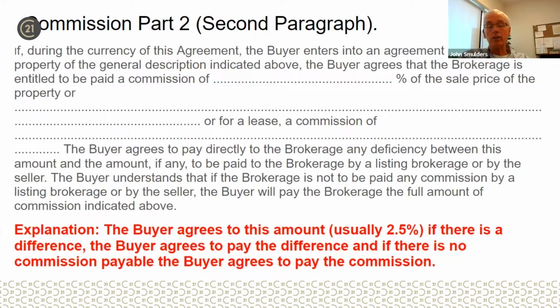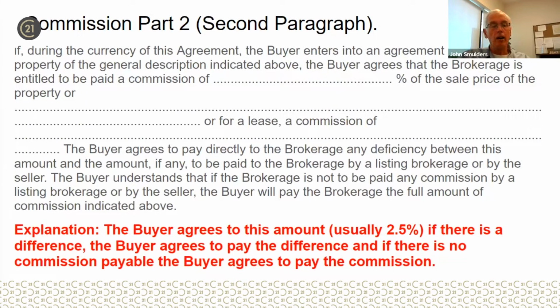In fact, what it says also in here is that if the commission is less than what is stated, it doesn't actually say MLS, but if you put 2.5% here, and the MLS pays 2.25%, technically the buyer is responsible to pay that 0.25% difference.